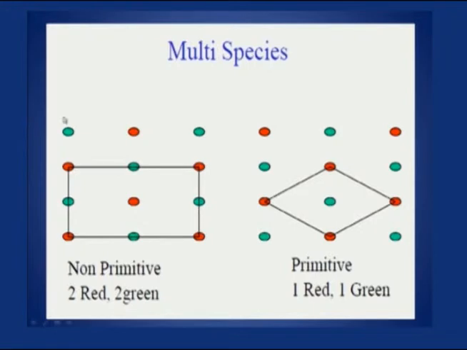You have got 2 colors, or 2 kinds of atoms or 2 ions. This is a primitive cell having 2 species. This is a non-primitive cell, containing again 2 species. This is a primitive cell, whereas this is a non-primitive cell.